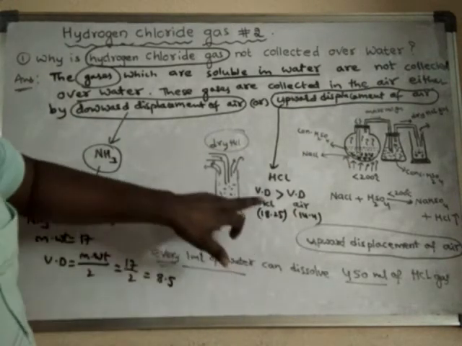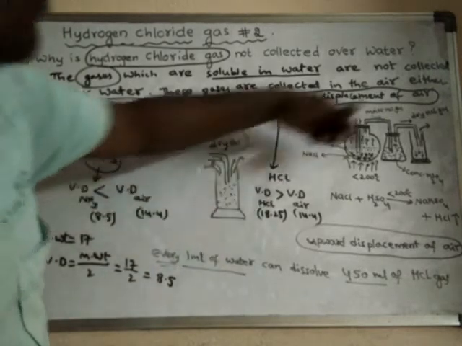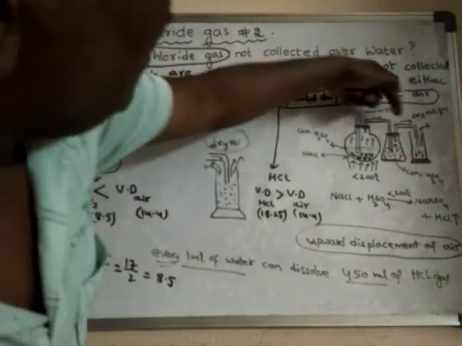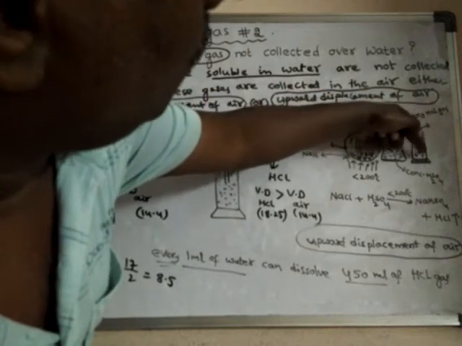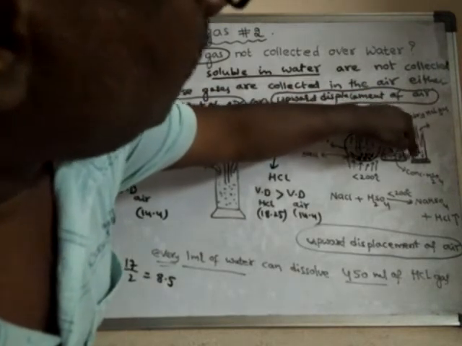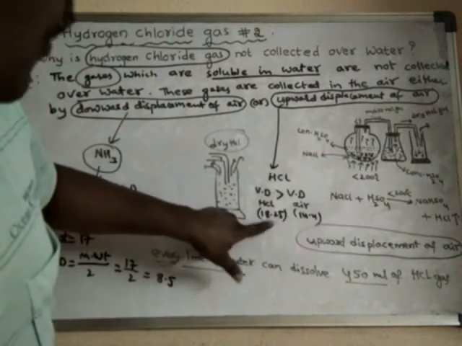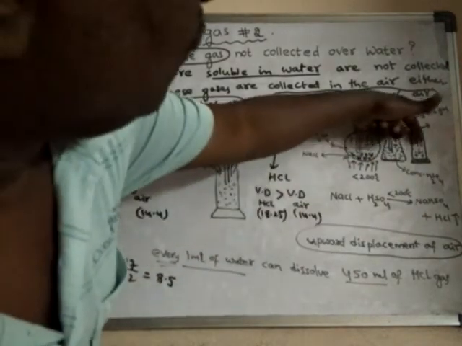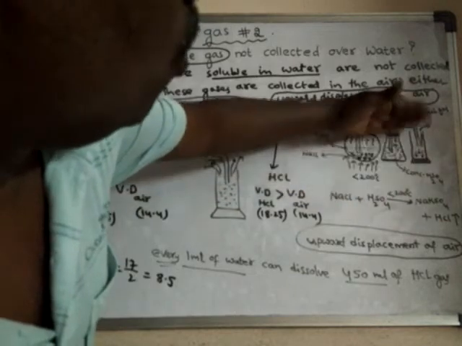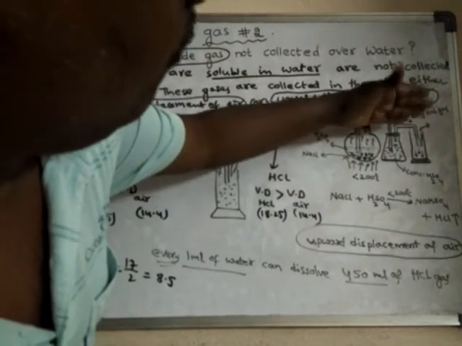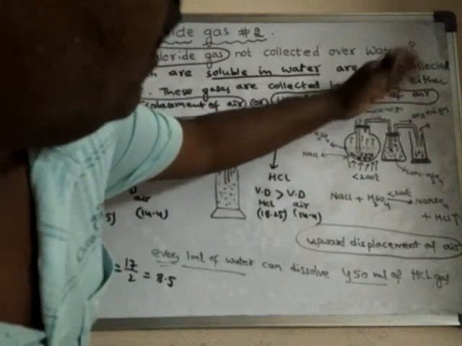Because look here, it is denser. As it is denser, it will sink. HCl gas will sink downwards, and because of its heaviness, it will displace the air upward.